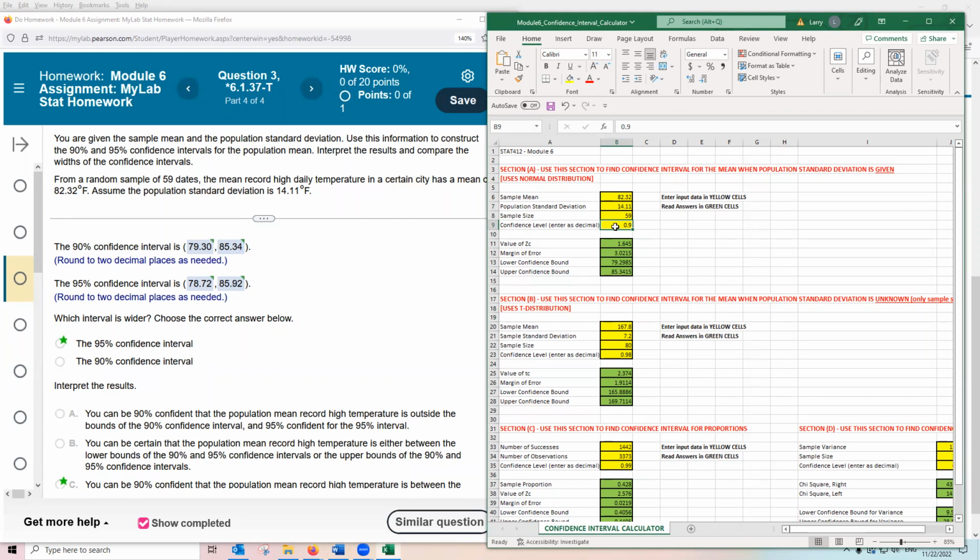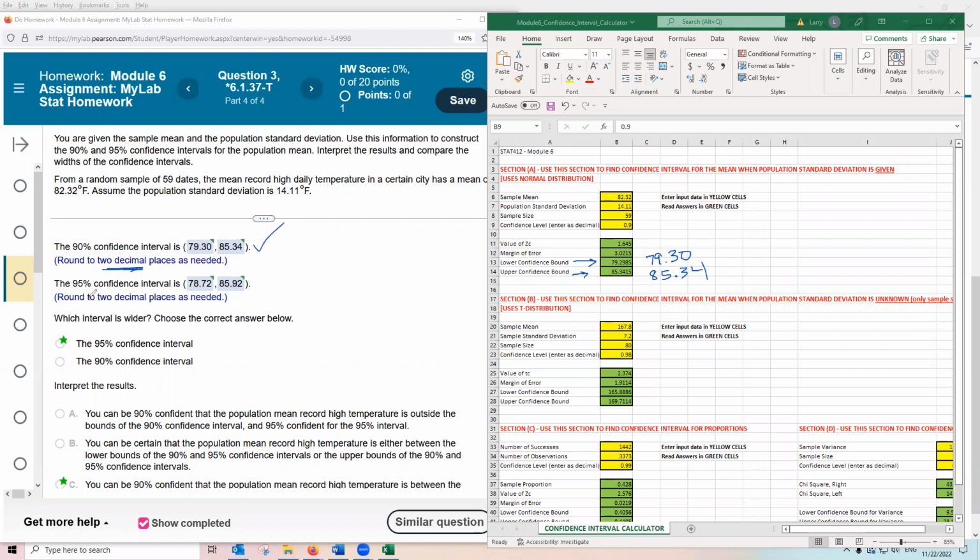So I'm going to enter 0.9 for the 90% confidence interval. And here is my confidence interval. The lower bound is 79.30. MyLab is asking for rounding to 2 decimal places, so this is going to be 79.30 for the lower bound, and the upper bound is 85.34. So those are those answers.